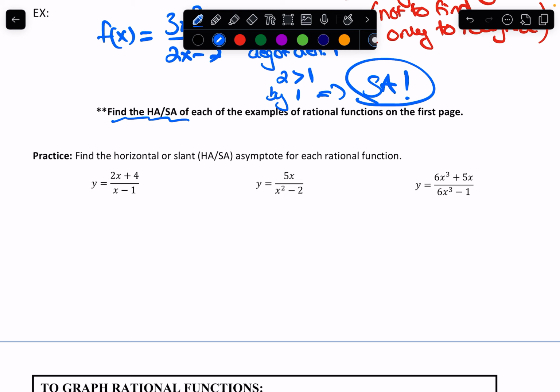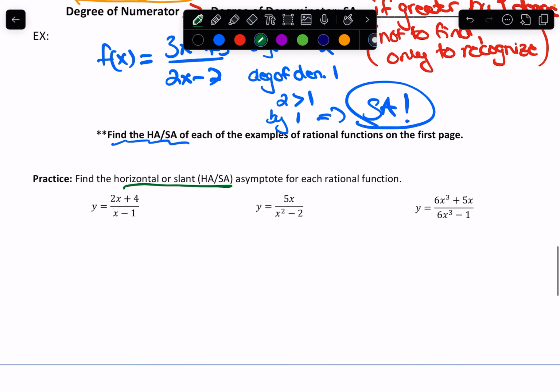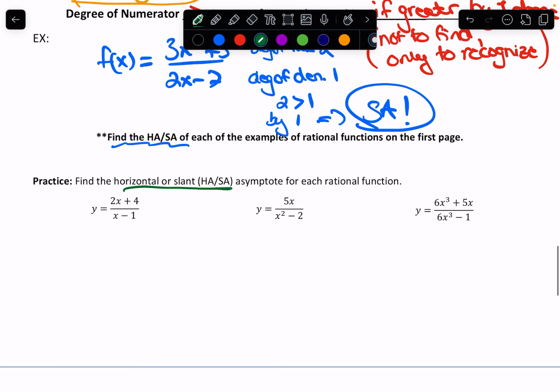Here we're supposed to find the horizontal or slant asymptote for each rational function. So our degree of numerator and the degree of denominator. The degree of numerator is 1, degree of denominator is 1.